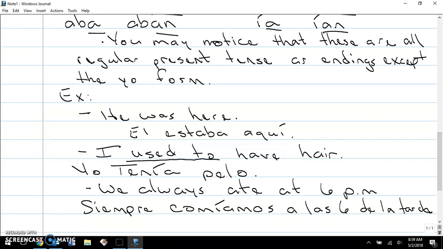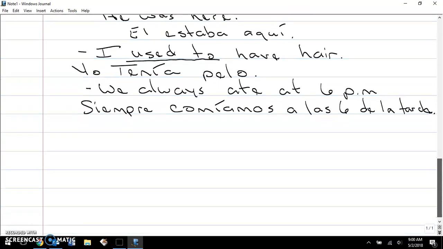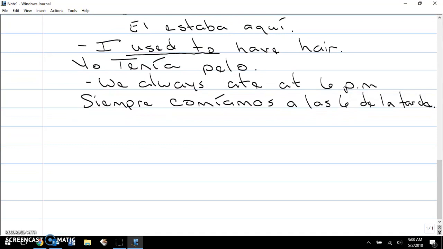We always ate at 6. Once again, always, it's a repeated past action, so we stick with the imperfect. Now, the only thing left is the 3 irregulars. The third digit of your code is a 4, by the way.